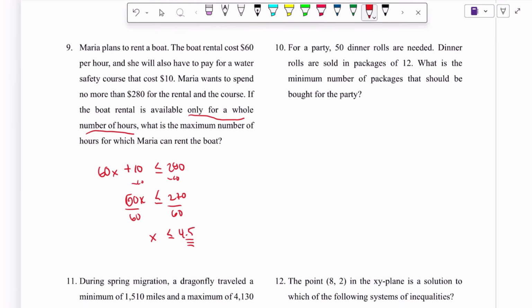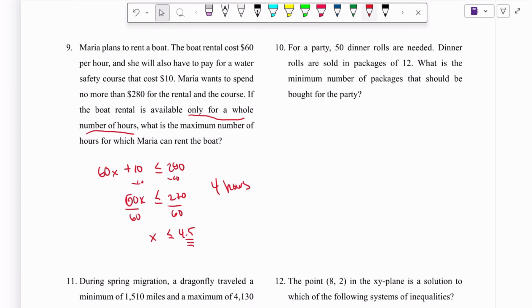But here's the problem. You can't rent it for 4.5 hours, so you have to rent it in whole amounts. There's no way she can afford 5 hours because 60 times 5 is 300. What's the most amount of hours that she can rent the boat for? A total of 4 hours.